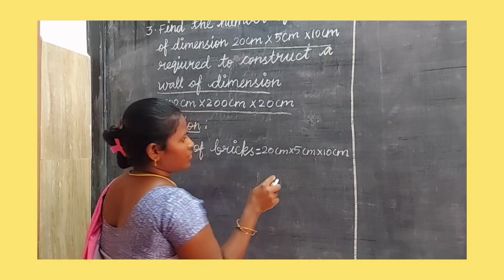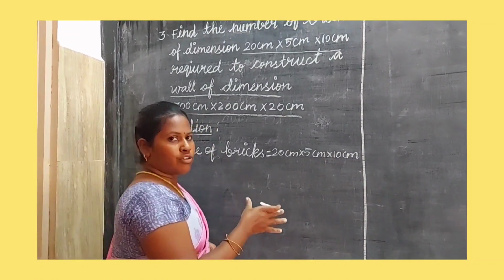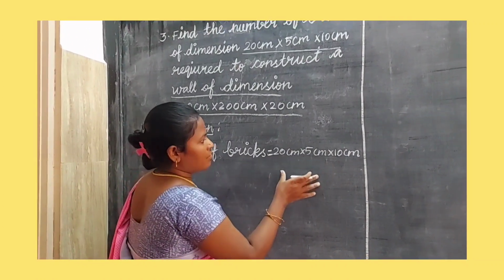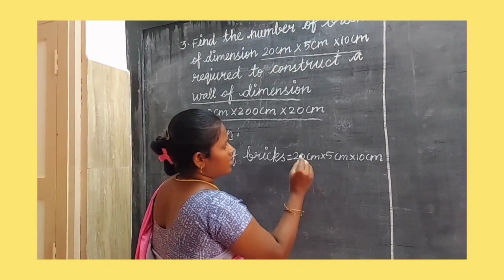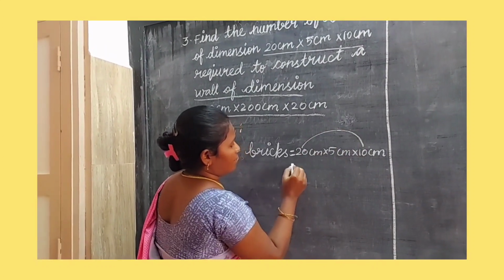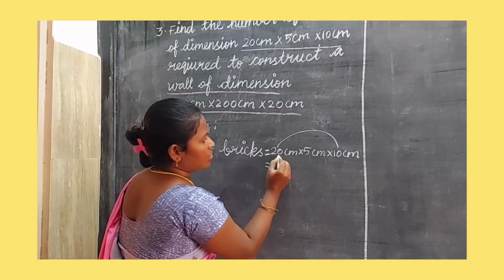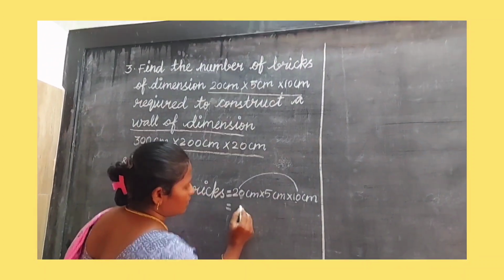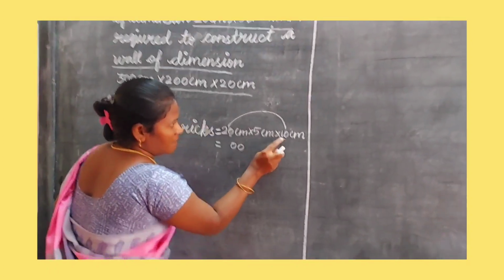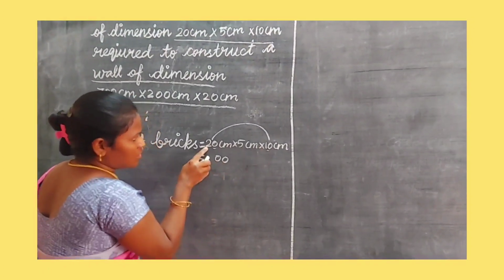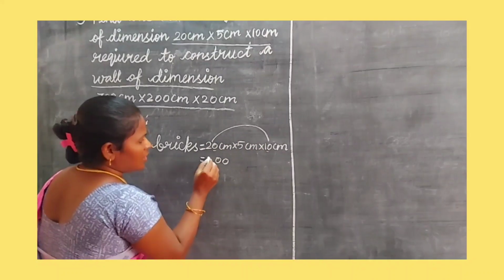Children, already we know that when 3 values are given, we have to multiply. First, the easy numbers: 20 into 10 we have to multiply. In an easy way, how many zeros are there? 2 zeros. So we write 2 0. The remaining number is 1, this is 2. So 2 ones are 2.